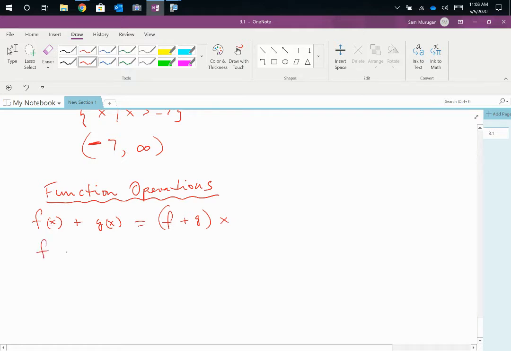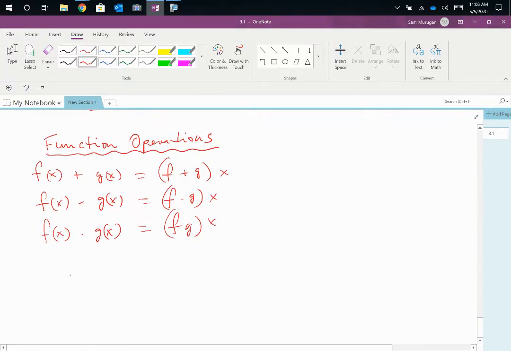If we're subtracting functions, same process, except we would subtract the two functions. Multiplying functions, we would multiply the two functions as a function of x. And dividing functions, we would divide f and g as a function of x.